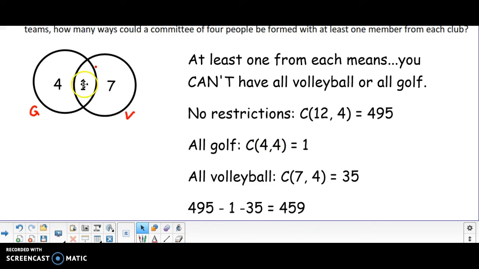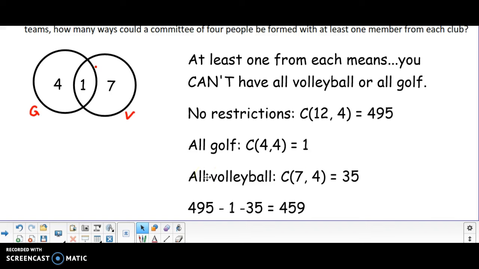Because this one person that is shared between the 2 would also be a volleyball player, and so if they were selected, they fit the criteria of being from the volleyball team as well, so we are going to ignore them. We're just going to say from the 4 exclusive golfers, we're going to choose 4 players, and that is something we don't want to happen. We do not want to have only players from one team.